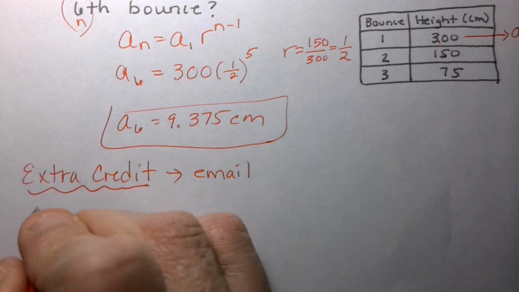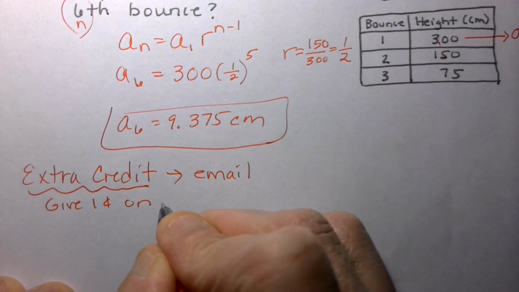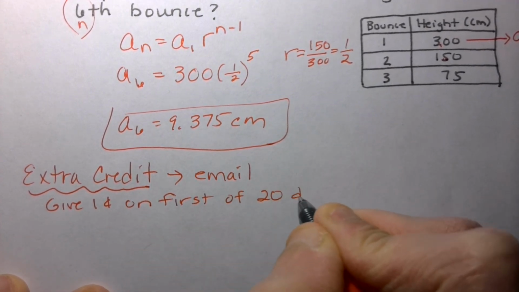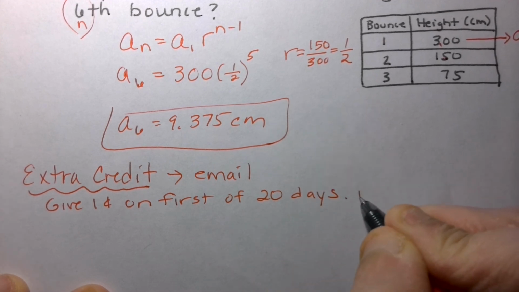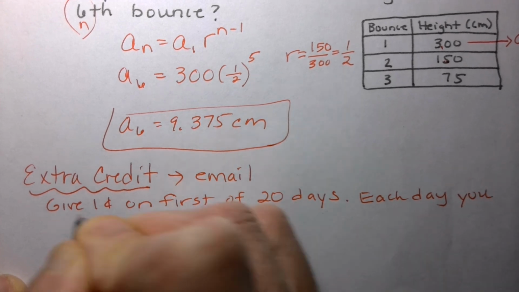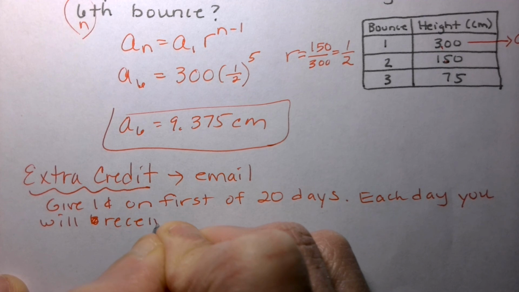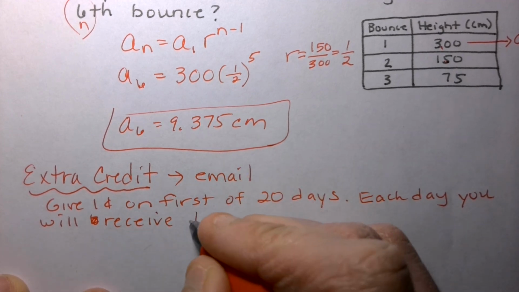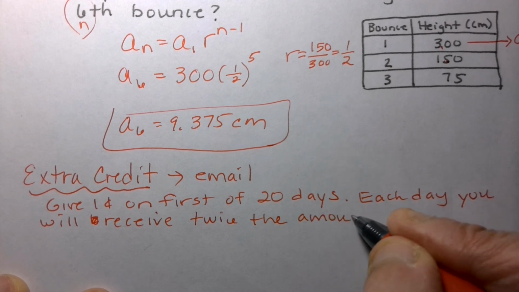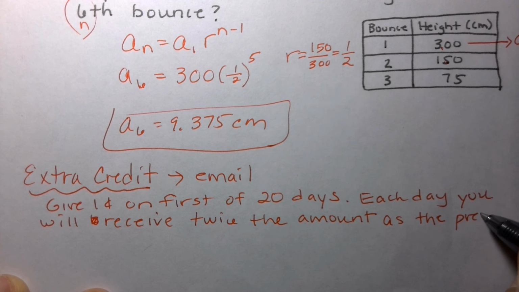And here's the deal. I'm going to give you 1 cent on the first of 20 days. Each day you will receive twice the amount as the previous day or the day before.